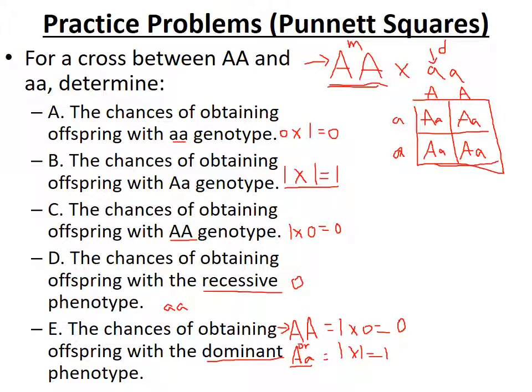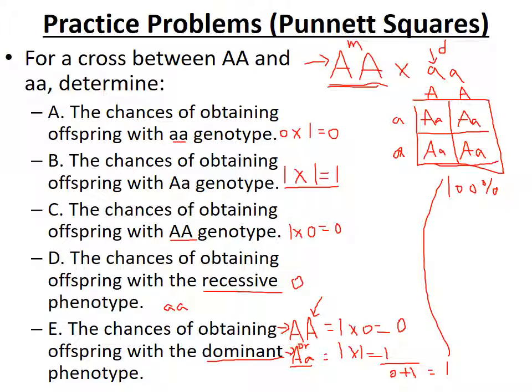So there's 2 ways to get the dominant phenotype. There's this or this. So we add our probabilities together, 0 plus 1, and that's 1. That means 100% chance of having an individual with the dominant phenotype. And that was just from using our probability rules.